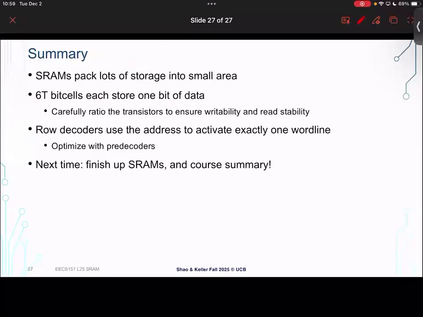In particular, every time you read or write, there is a fight, there's a contest, there's a resistive divider. And so we need to carefully size those transistors to make sure that the cell is writable, so the write wins the fight, but it's also read stable so that the read doesn't flip the cell. And then we just talked about row decoders that use the address bits to activate exactly 1 word line and how we can optimize those with pre-decoder logic.